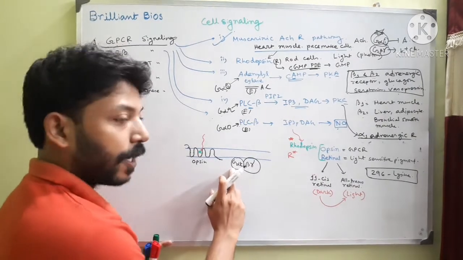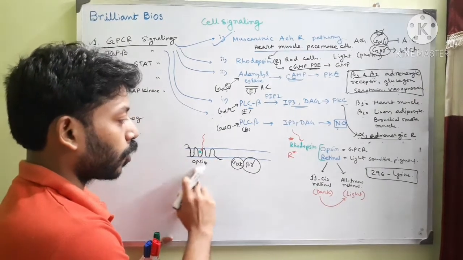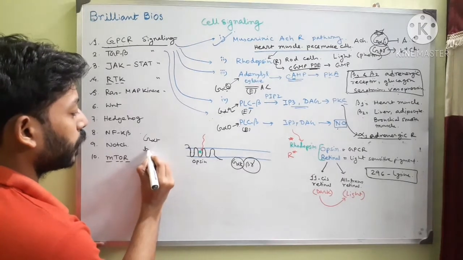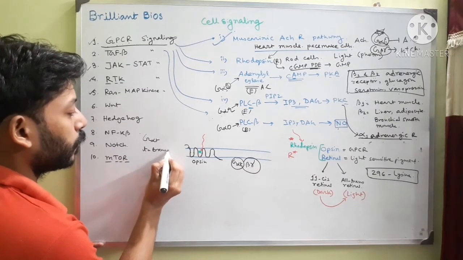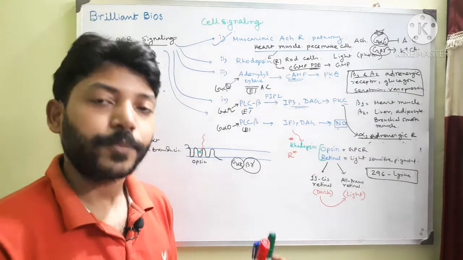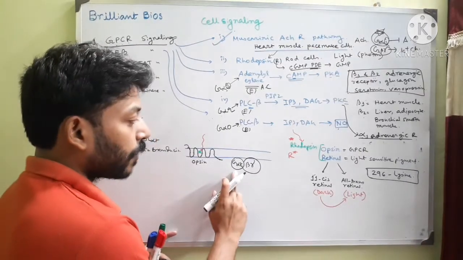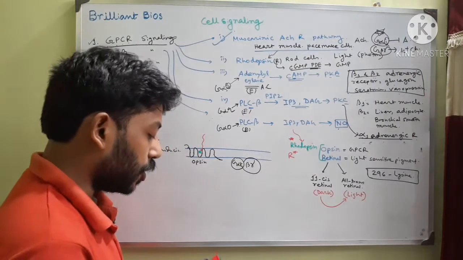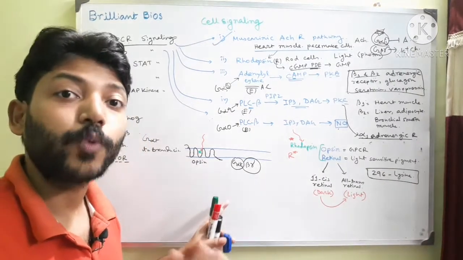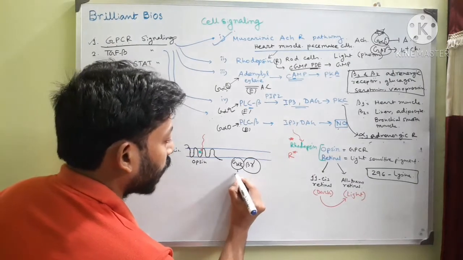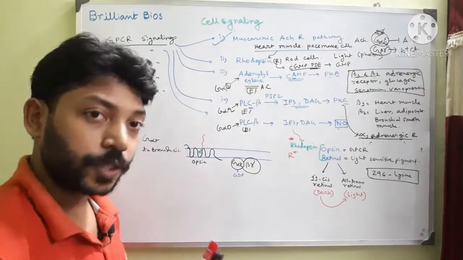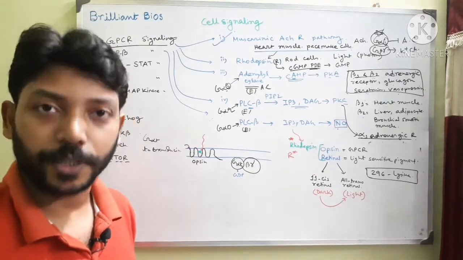In the case of rhodopsin, this G alpha protein is called G alpha T, T for transducin. When there is no light, in darkness, G alpha T is associated with a GDP molecule, because G means guanine nucleotide. As I mentioned in my basic class, when G protein associates with GDP, it is in the off state.